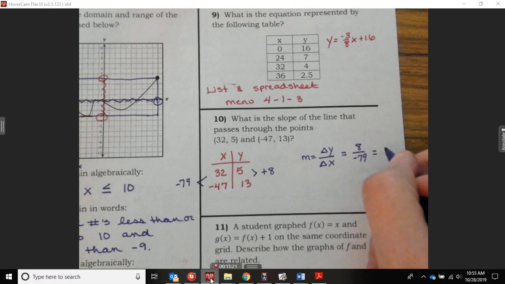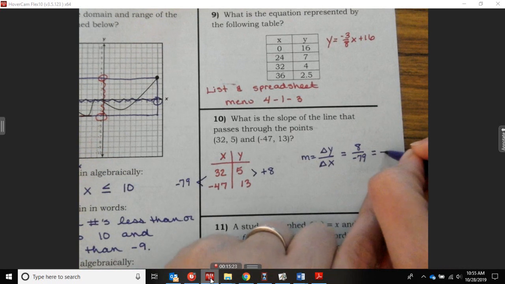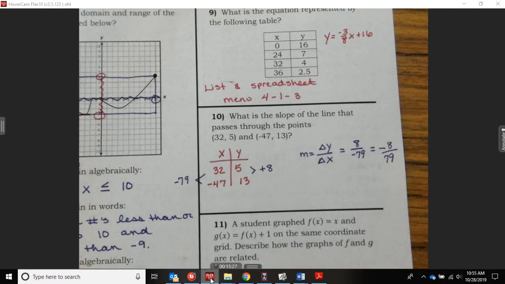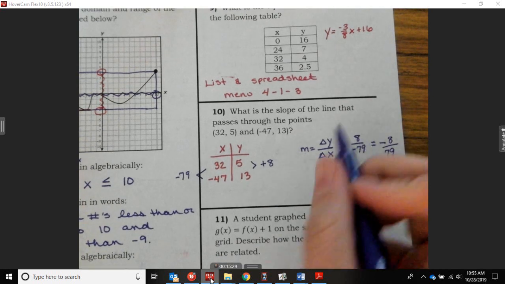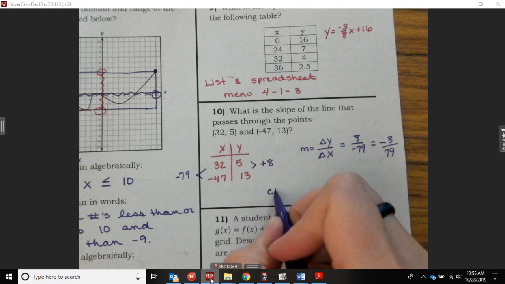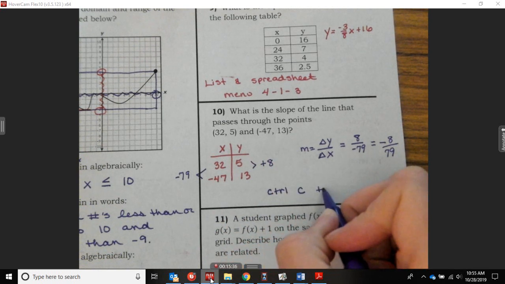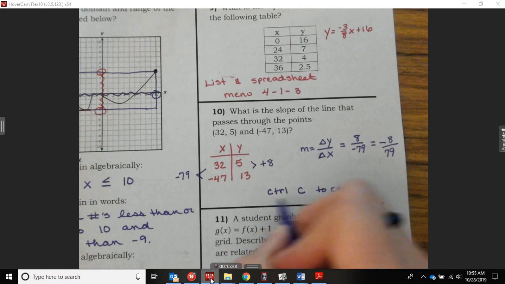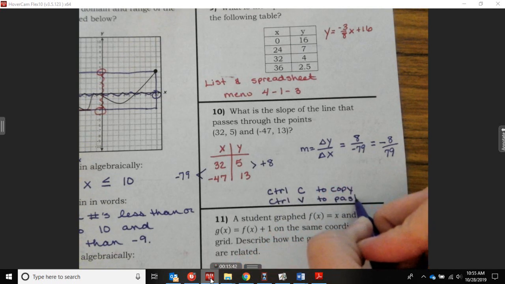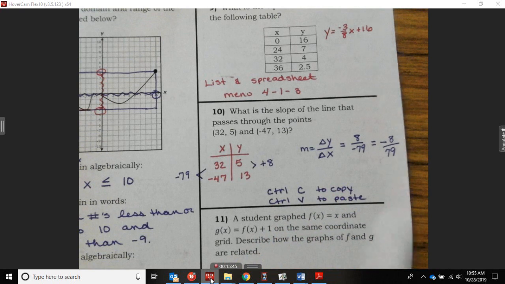If you were to just type that in, it's not going to change, but they will put the negative either on top or out in front. Okay? Remember, if you use list and spreadsheet, you're going to get a big decimal, and so you just press Control C to copy, and then Control V to paste onto a calculator page.